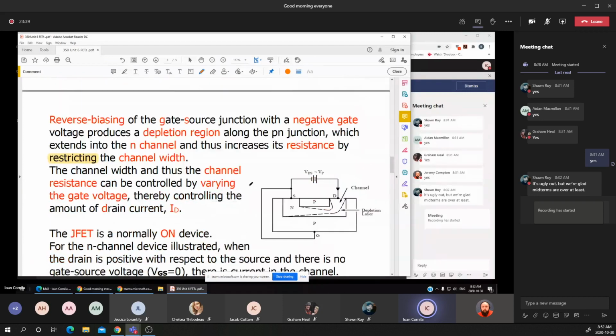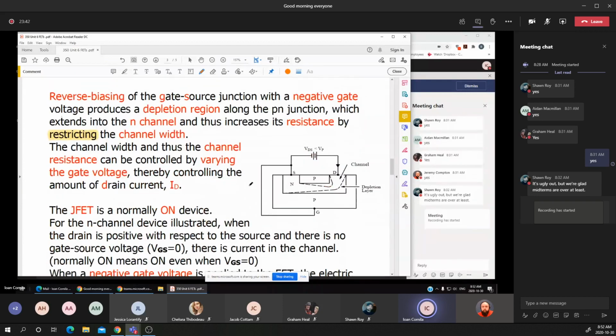Now, on reverse bias, I'm having another diagram that shows the depletion region. That's why I chose two different ways to show how the channel, the depletion region, is controlled by widening or narrowing the channel between the drain and the source, simply by controlling the voltage applied on the gate.